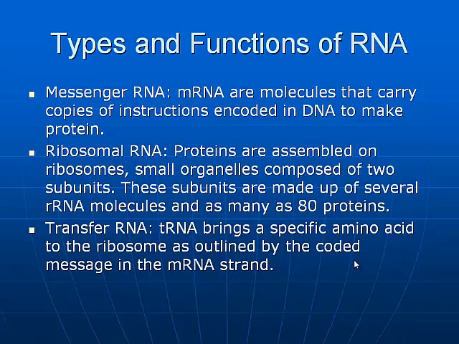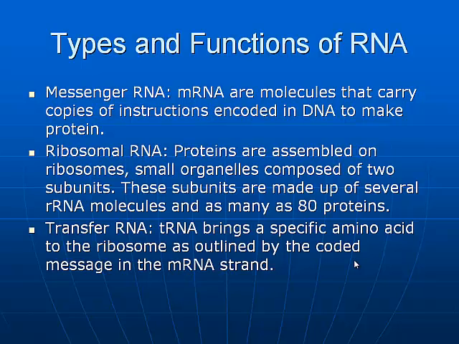The third type of RNA is transfer RNA, or tRNA. These bring specific amino acids to the ribosome as outlined by the coded message in the mRNA strand. Now what this means is, on the mRNA strand there are codes, which I'll get into in another lesson, but there are specific codes on the mRNA strand.